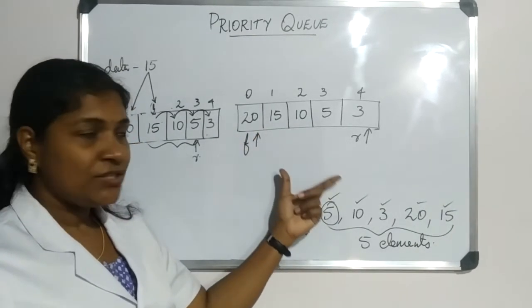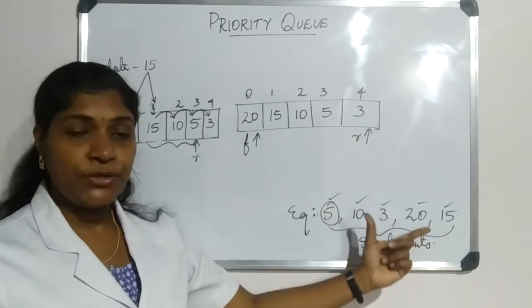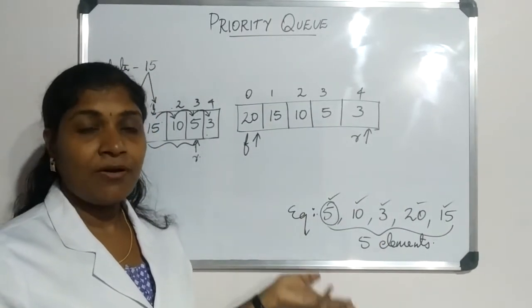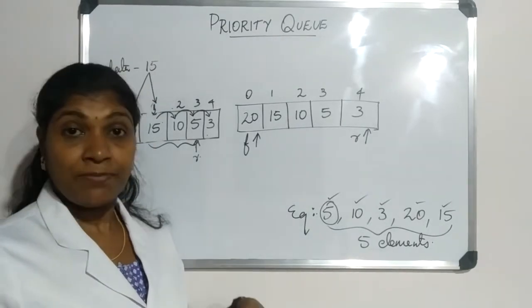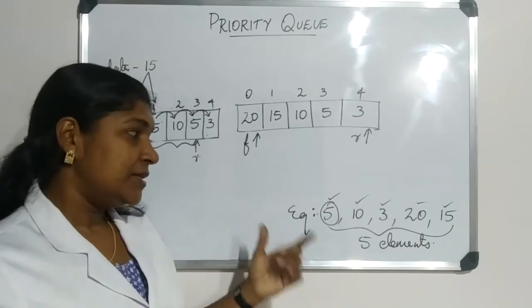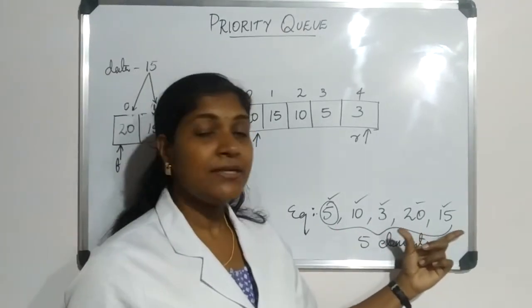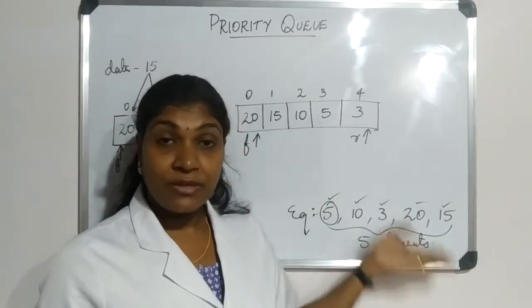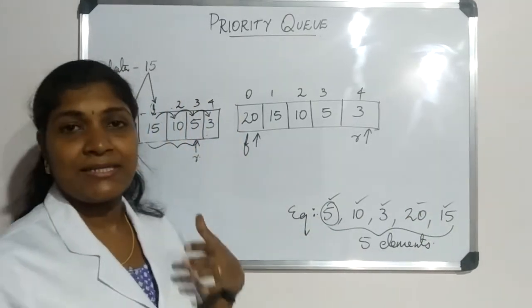I already mentioned we need not perform all these NQ operations in a single stretch. How is the operation of a queue? We can perform either NQ or DQ based on our wish. Right now I have considered these 5 elements together, the NQ of 5 elements together, just to understand the concept.